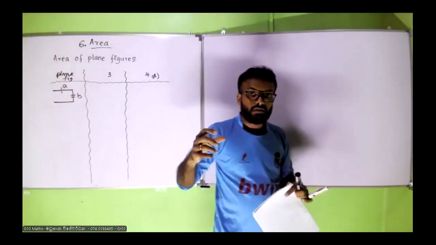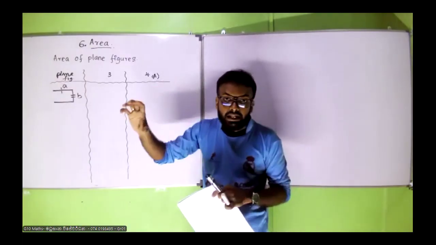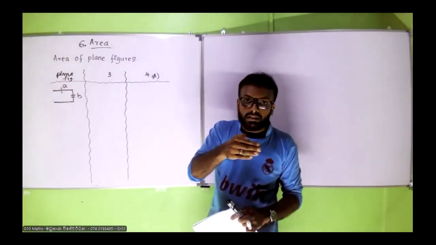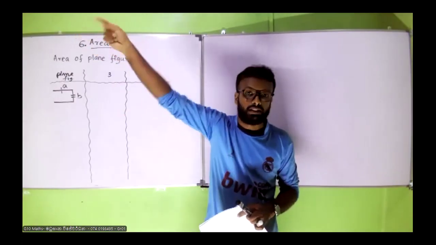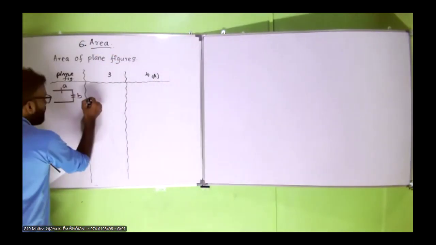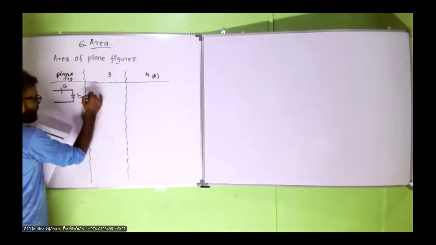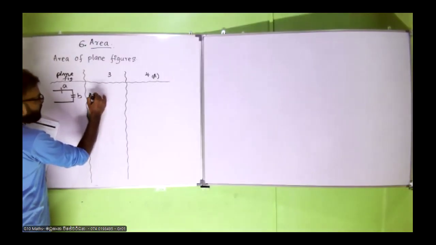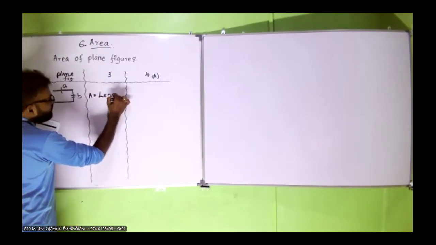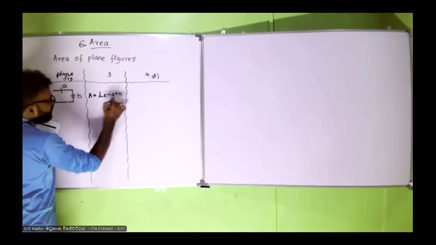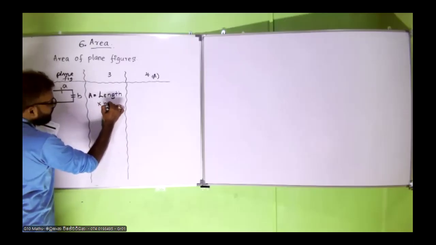Area equals length into breadth, length multiplied by breadth.